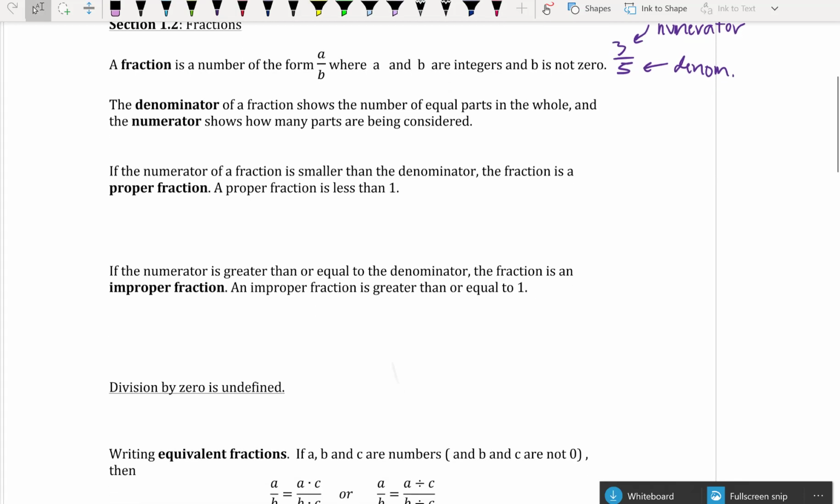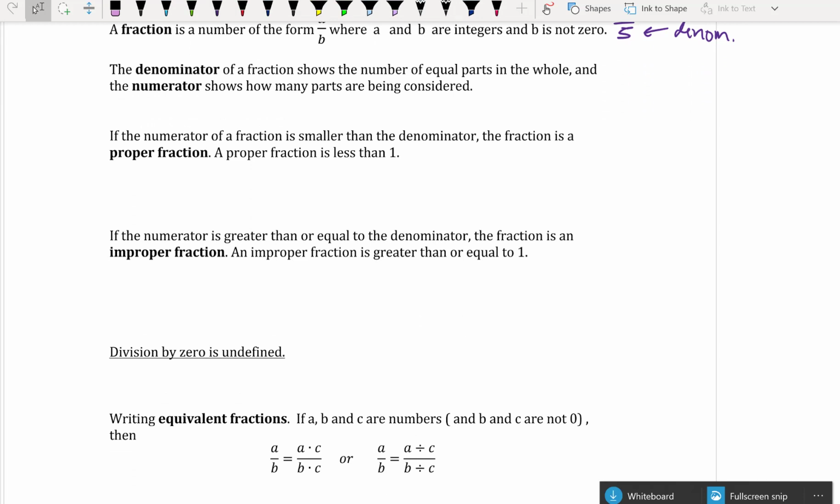If the numerator of a fraction is smaller than the denominator, the fraction is a proper fraction. So here it's about vocabulary. A proper fraction is going to be less than 1. So here we can have, let's say, 2 over 7, because that is going to be less than 1.